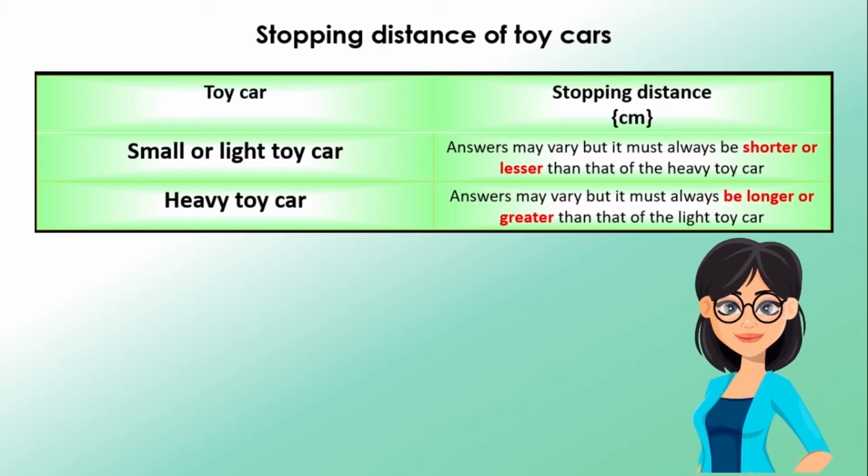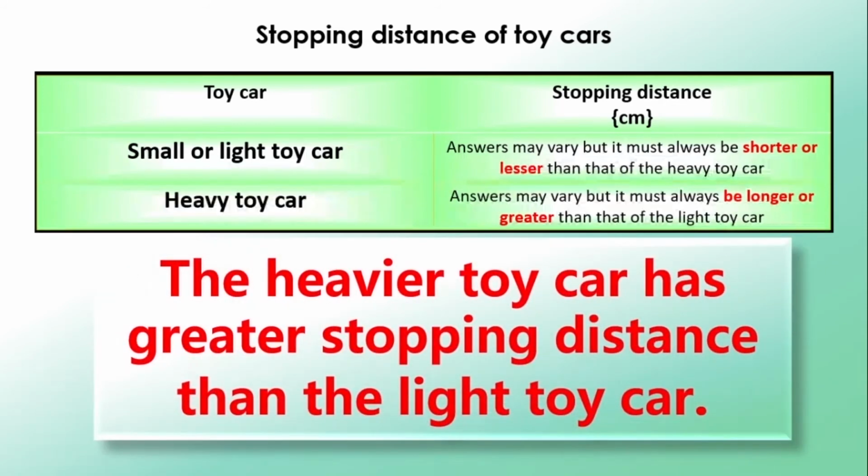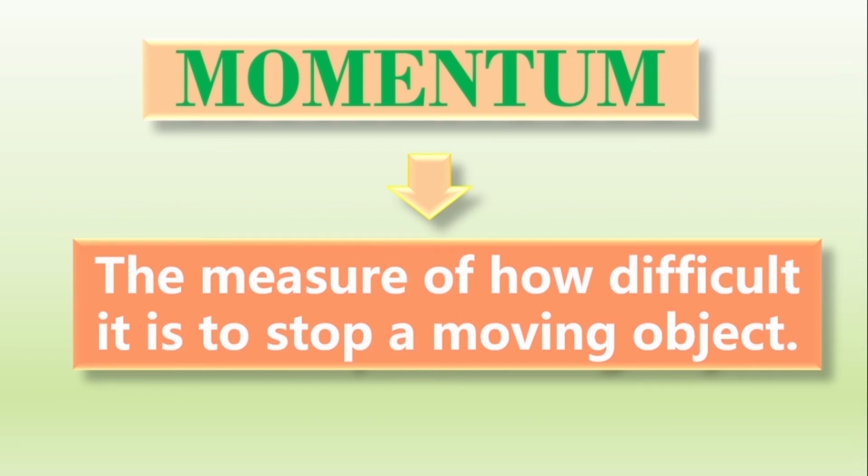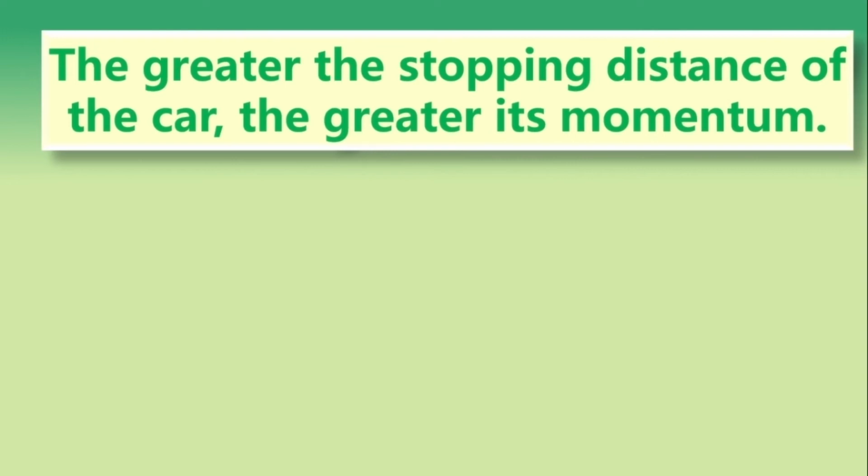How will you now compare the stopping distance of the heavy and the light toy car? Based from your activity, the heavier toy car has greater stopping distance than the light toy car. Since momentum is the measure of how difficult it is to stop a moving object, we can say that the greater the stopping distance of the car, the greater its momentum.